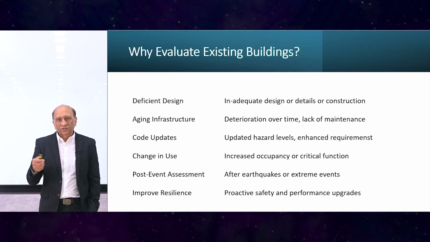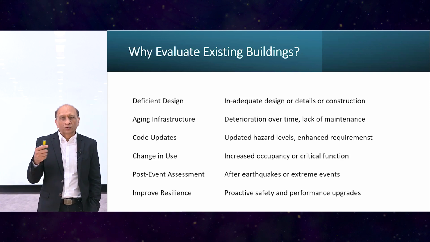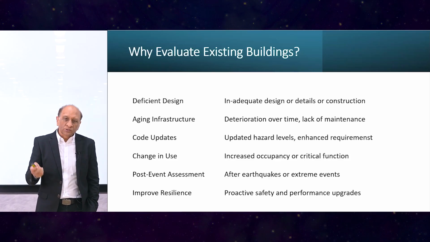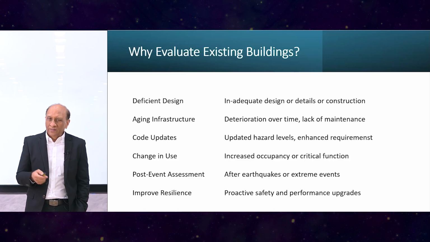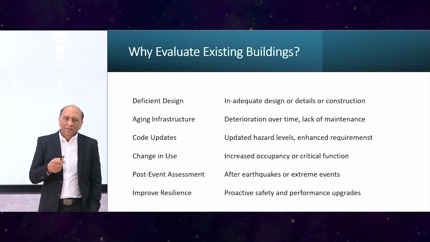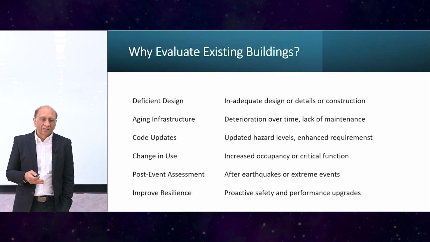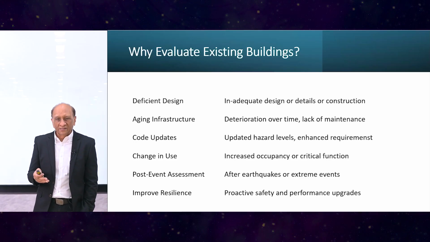Change in use: we change a building from residential to office, or office to residential, hotel to this, or something like that. That also makes the structure more vulnerable because the demands are different. Post-event assessment: after an earthquake or an extreme event, buildings may have undergone some damage, so we don't know what the current status is.